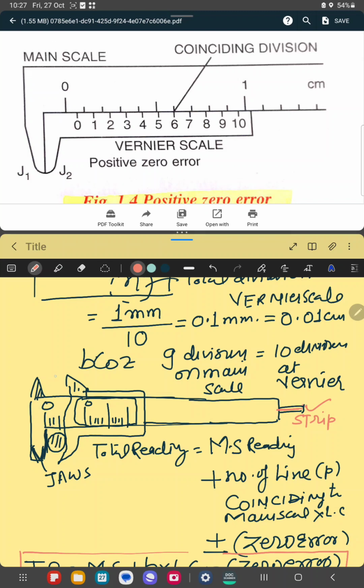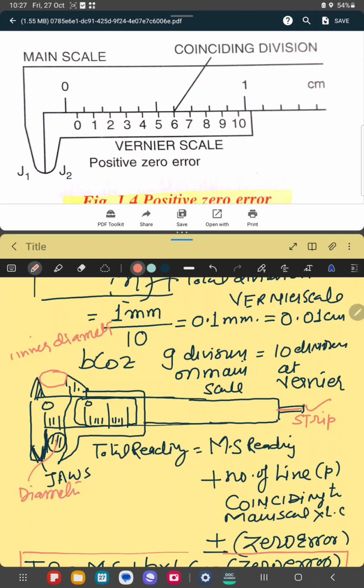The upper jaws are used to calculate the inner diameter, and this is used to measure the diameter.